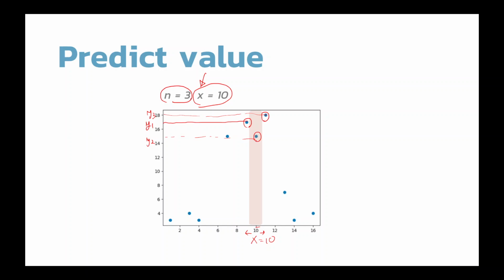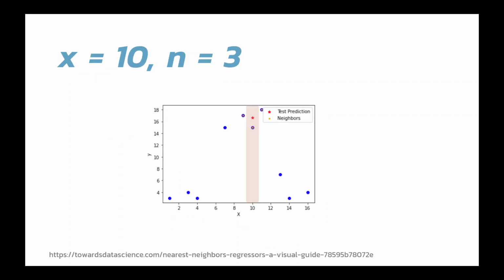So essentially, from your 3 neighbor data points, you have 3 y values. If you want to predict the corresponding value, you just take the average of that, the mean. That's how it works. Essentially, I'm taking the average of the y values of these 3 neighbor points, which ends up being this guy right here.